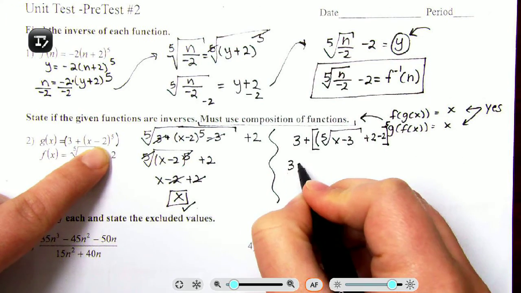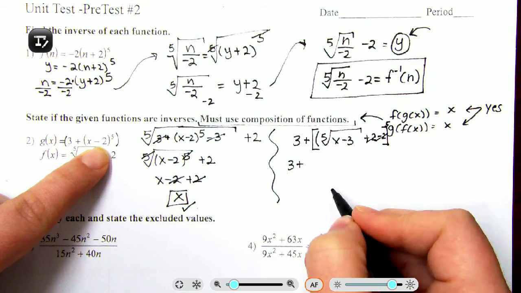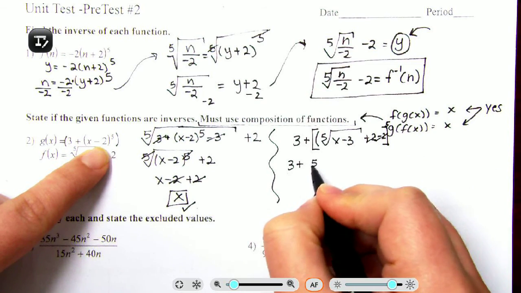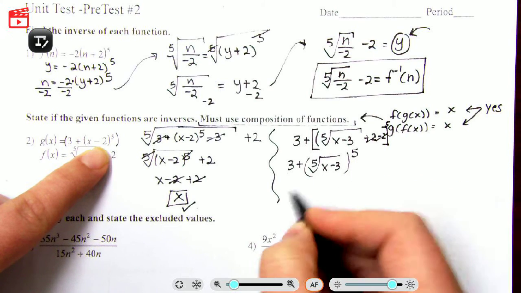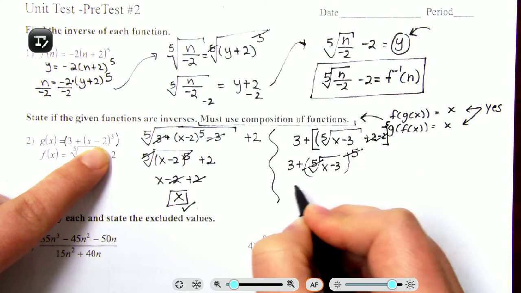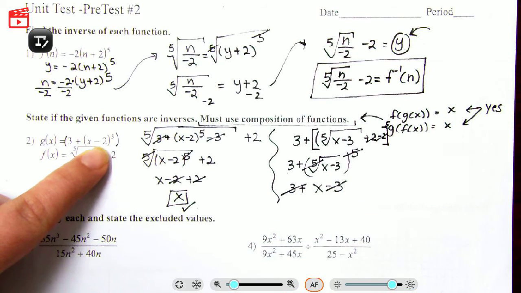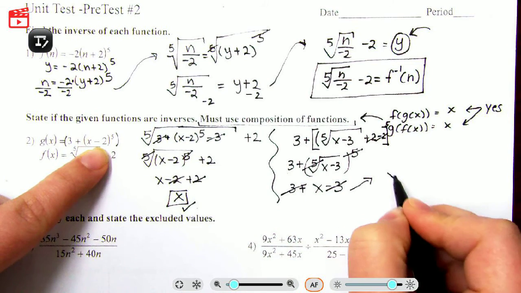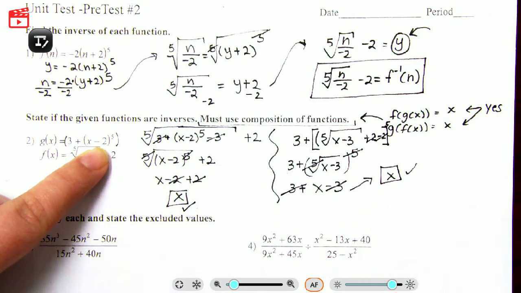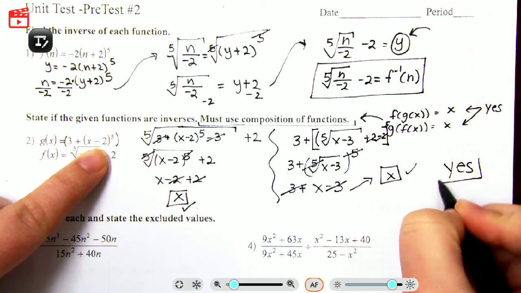So then I have 3 plus 2 minus 2 is just 0. Then I have 5th root of x minus 3 to the 5th power. These undo each other. 3 plus x minus 3, x plus 3 minus 3 cancel each other. So therefore we have just x. Because both f of g of x and g of f of x equal x, then your answer is yes, they are in fact inverses.